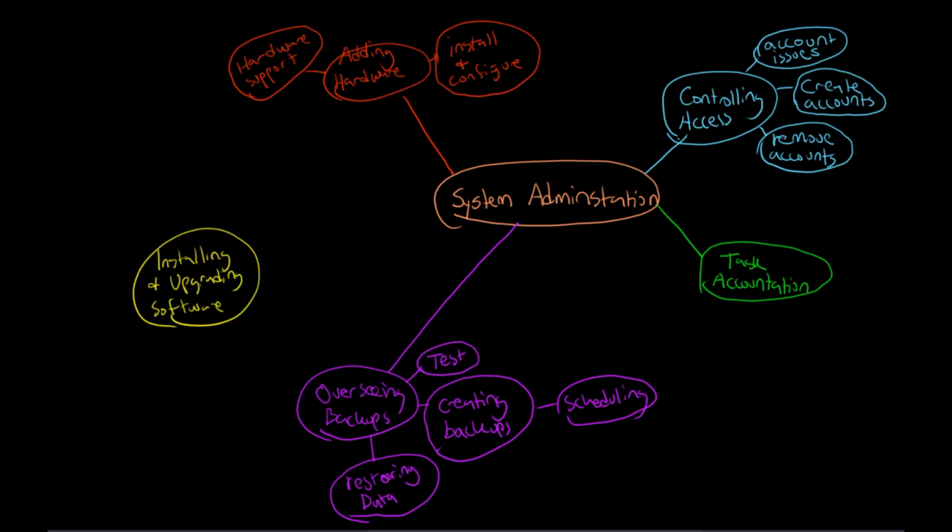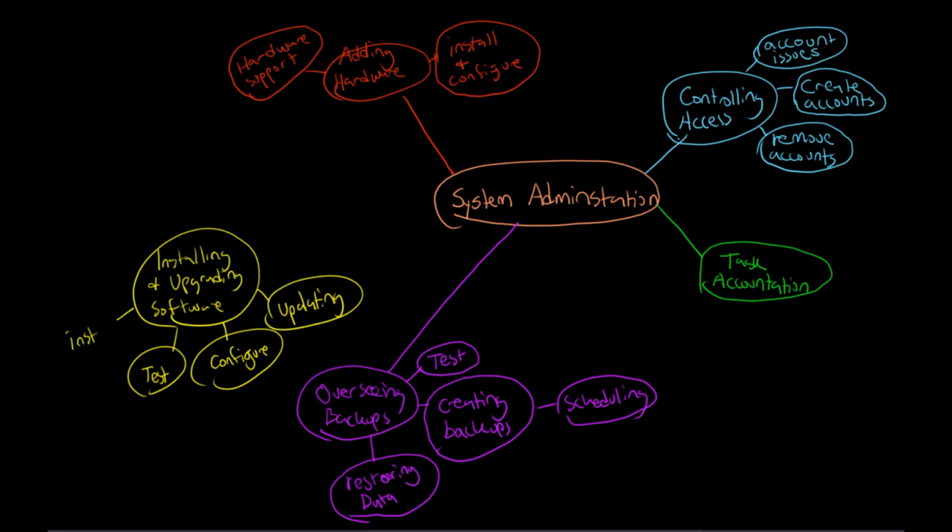So, for subtasks of this task, we have configuring the software to meet the needs of your users, testing the software to make sure it doesn't cause any problems for your users, updating it regularly when necessary, and the actual installation itself. In future videos, we will cover things like APT and how to automate these processes even.